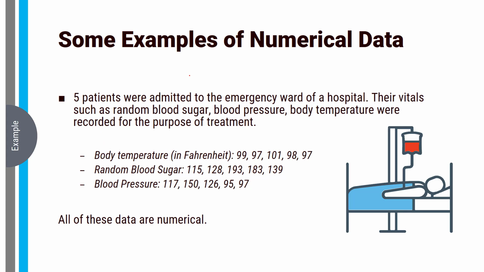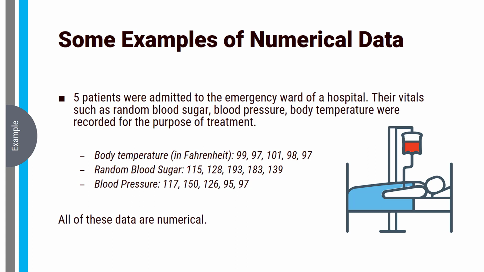For an example of numerical data, suppose 5 patients were admitted to the emergency ward of a hospital. Their vitals such as random blood sugar, blood pressure, and body temperature are recorded for the purpose of treatment.